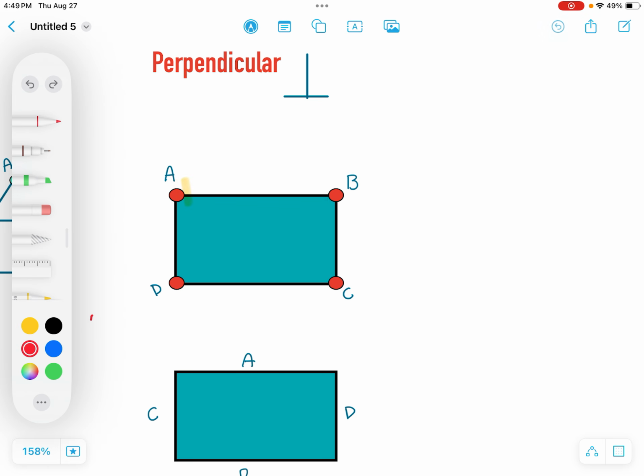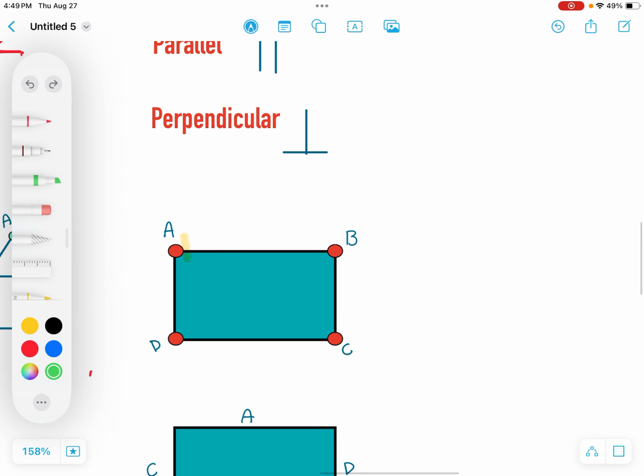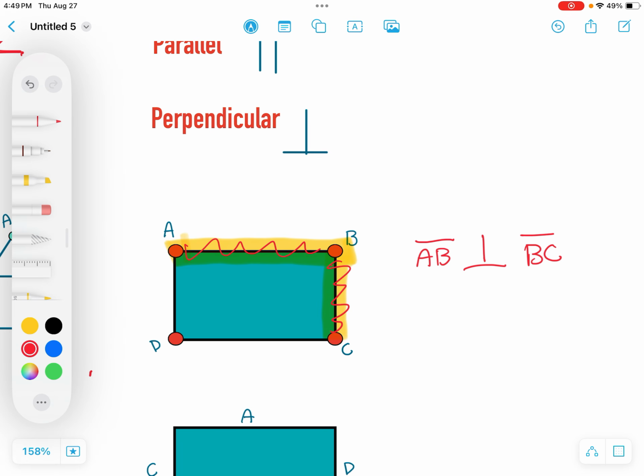Same concept, we're still going to use the sides, but now we're going to use this symbol right here instead. So if I wanted to talk about how BC and AB are perpendicular to each other, we would say line AB is perpendicular to line BC.